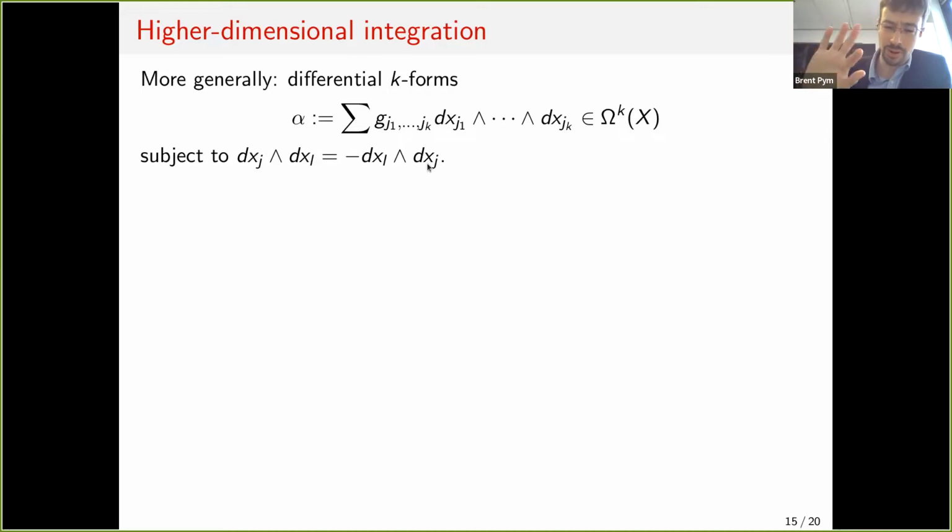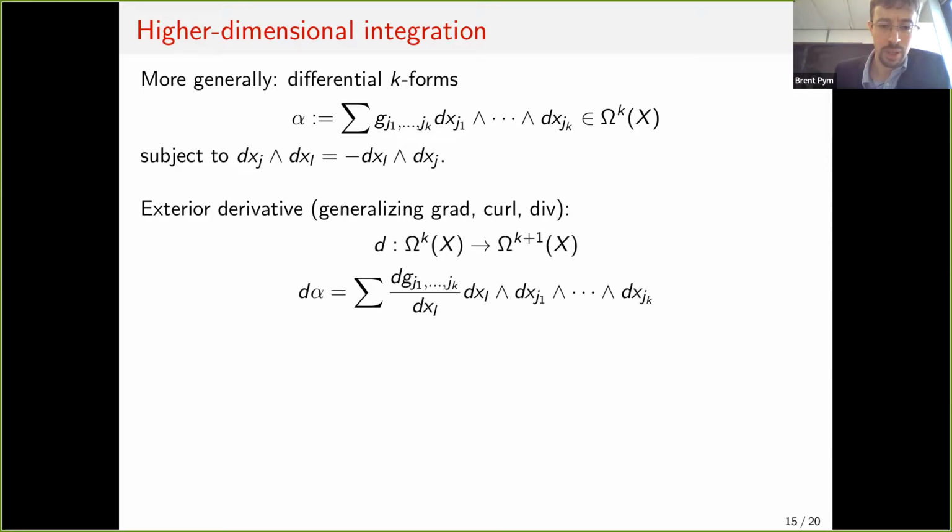This is to account for orientations which you're encountering in vector calculus, for instance. And there's a generalization of the usual vector calculus derivatives, grad, curl, div, and so on, which is the so-called exterior derivative. It's given by a simple expression.